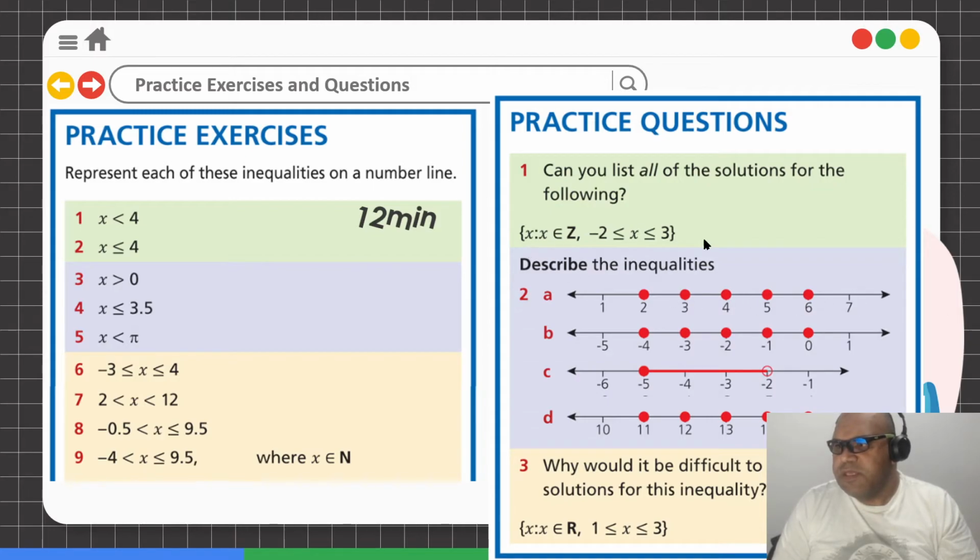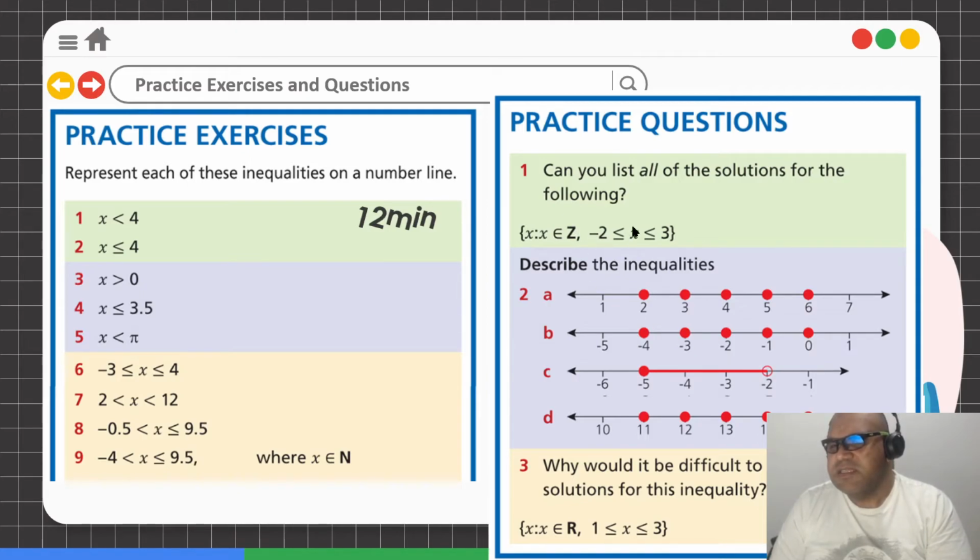Remember the way we read this is the set of all X such that X is part of the group of the integers numbers. The solutions must be integers. These are the symbols for integers. I think you all remember this symbol.